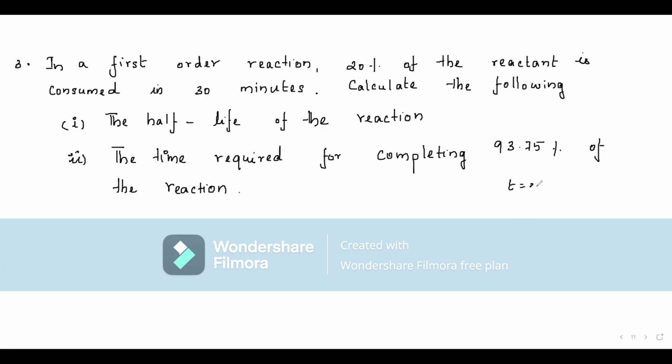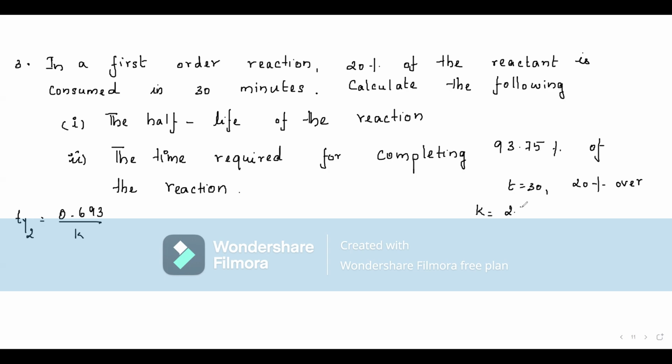So T is 30 and 20% of the reaction is over, 80% remains. Calculate half-life. To calculate half-life, formula is 0.693 by K. But I don't know K. So I'll use this data to check K.